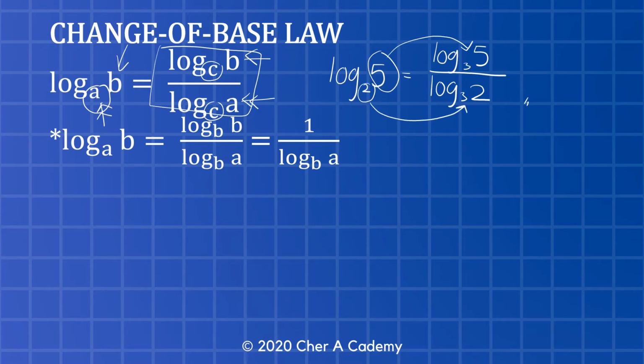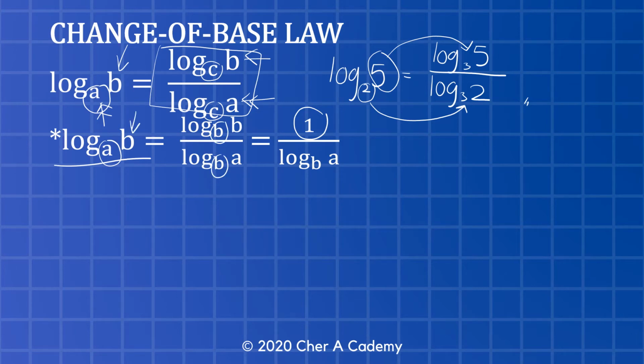Okay, so another useful thing that you would like to know is if I have log base a of b and I want a simpler fraction, meaning a whole number on top. This is a kind of a trick. I can actually change the base to b, which is the same number as the number that I'm logging.